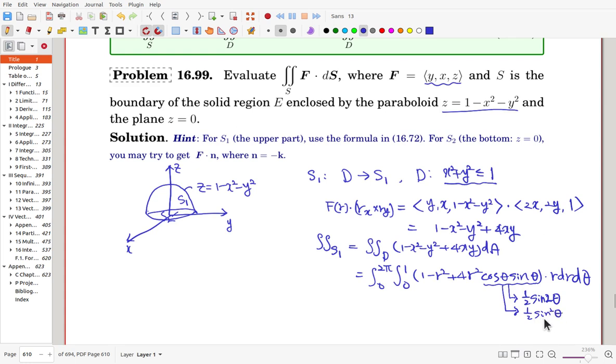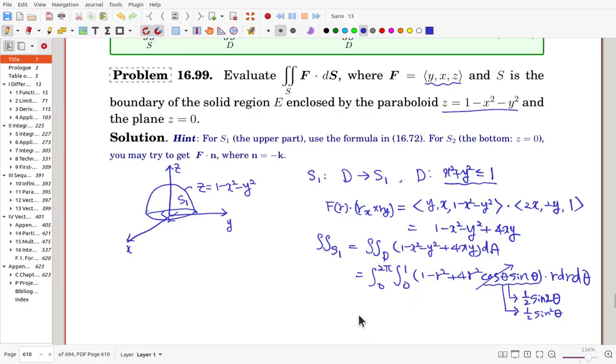If you take the derivative, then the 2 will go out, and sine theta cosine theta. So it's an antiderivative, evaluated from 0 to 2 pi, when 0 is 0, when 2 pi again 0. So there's no contribution from this one, and we may ignore this part. So the remaining part is along with this r minus r cubed.